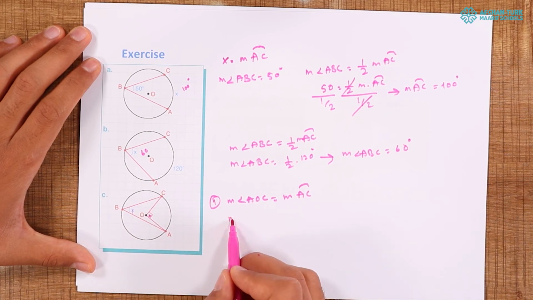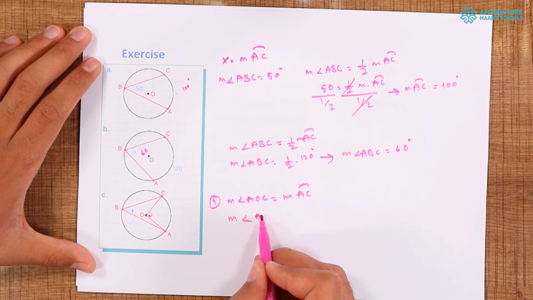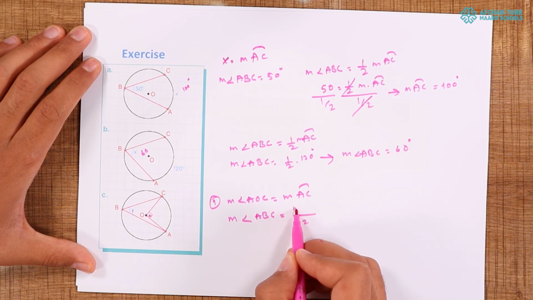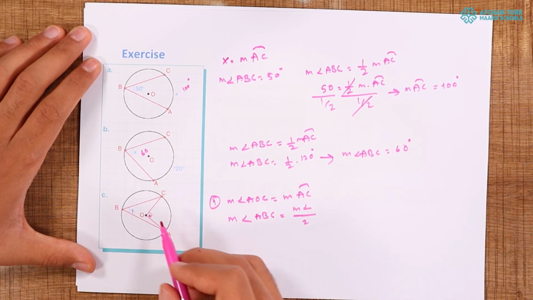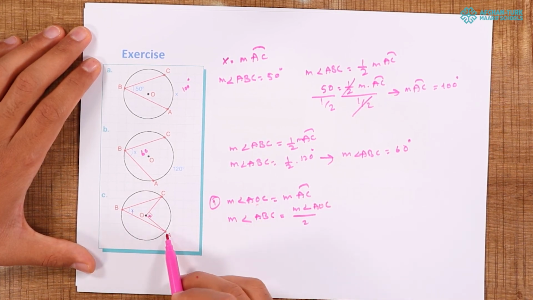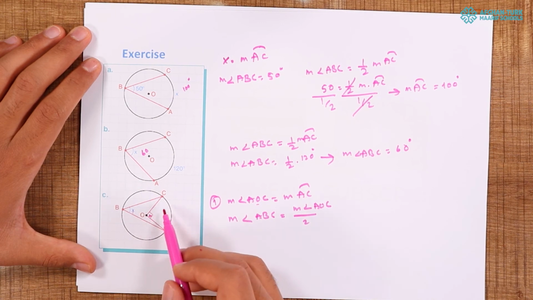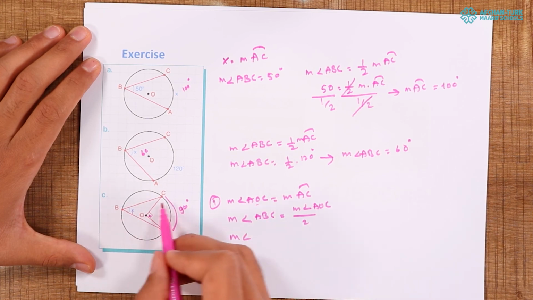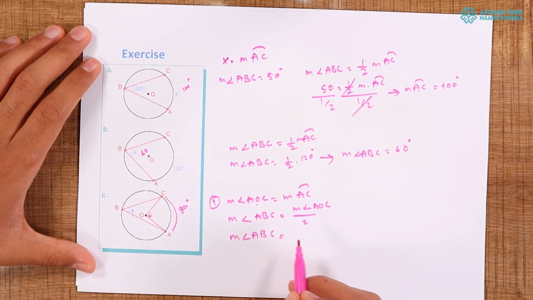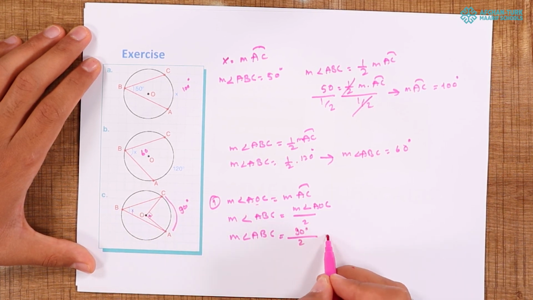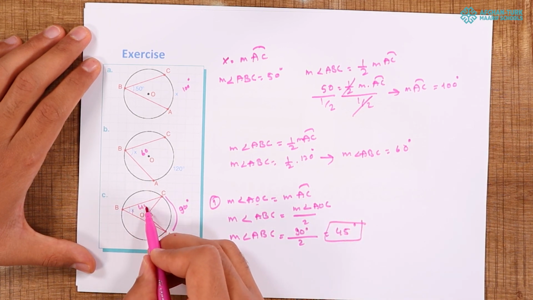So the measure of inscribed angle ABC is equal to half of the measure of the central angle AOC. What is the measure of AOC? It is equal to 90 degrees. When it is 90 degrees, this arc is also 90 degrees. So the measure of ABC, the inscribed angle, is equal to half of 90 degrees. 90 degrees over 2 is equal to 45 degrees. It means the measure of x is equal to 45 degrees.